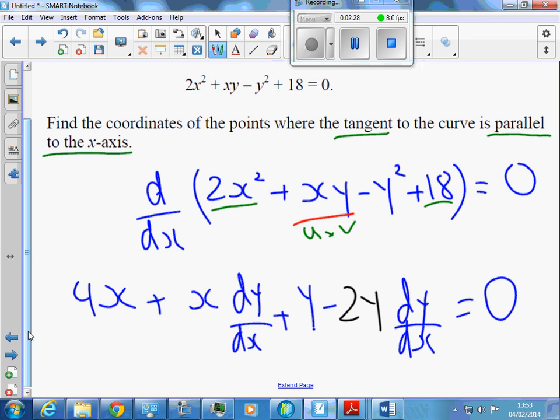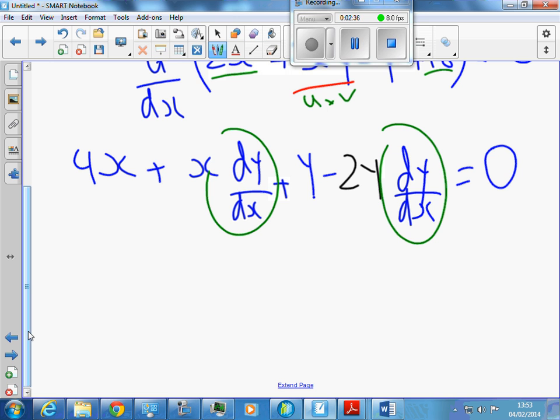Now we need to find dy by dx. So again, we factorize out dy by dx, rearranging it and making dy by dx the subject of the equation. The algebra is very simple. This is year 9, year 8 algebra.